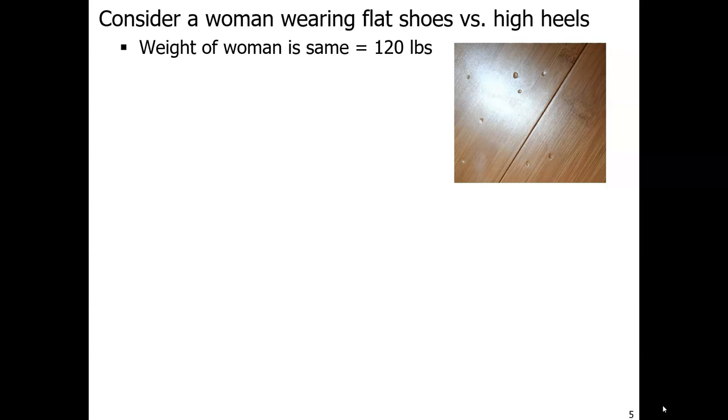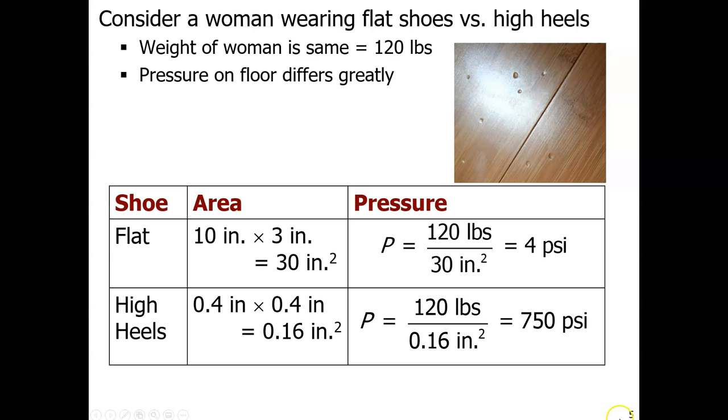If we have a woman that weighs 120 pounds, with flat shoes the shoe surface is going to touch the floor over about 10 inches long by 3 inches wide, and that's 30 inches squared. With high heels you have a much smaller footprint, and the overall area touching the ground is 0.16 inches squared versus 30.